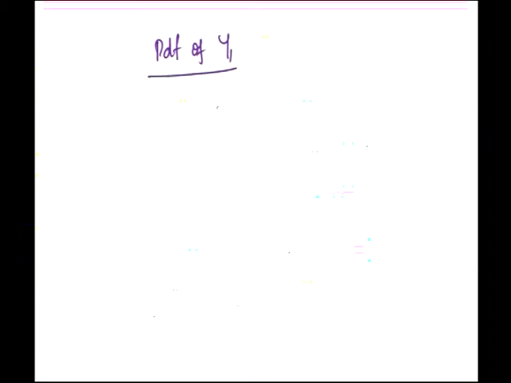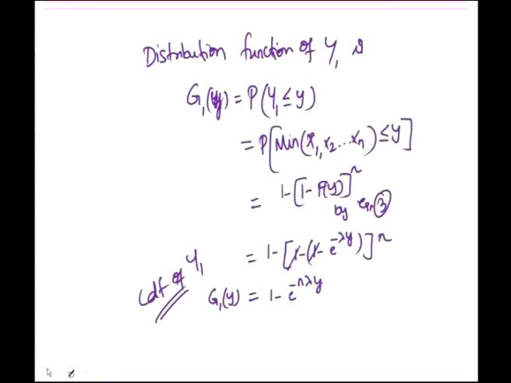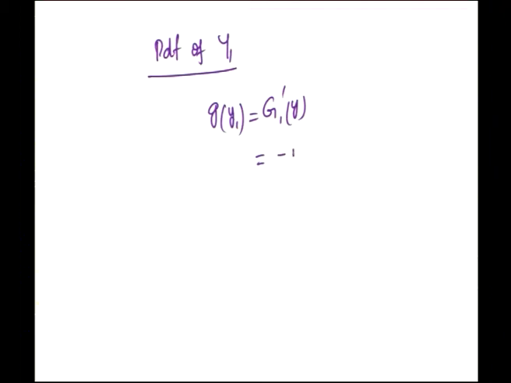Okay. Then the PDF of y1, which is g of y1, is the derivative of the CDF. The CDF is 1 minus e power minus n lambda y. Therefore, what is the derivative of 1 minus e power minus n lambda y? Derivative of 1 is 0, e power minus n lambda y becomes minus n lambda into e power minus n lambda y. Already one minus is there, which gives n lambda into e power minus n lambda y.